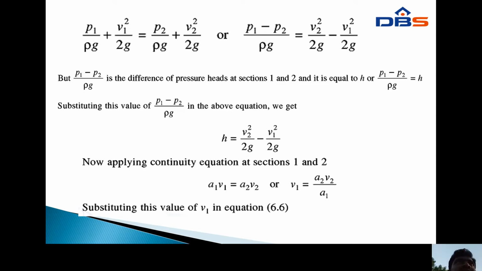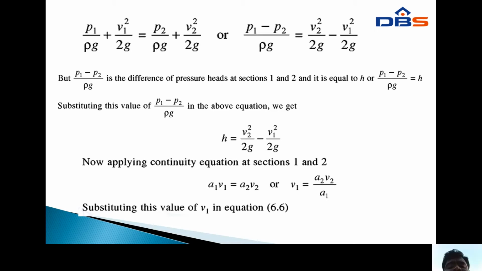The pressure terms are on one side and the velocity terms on the other. Here, P1 minus P2 by rho g is the difference of pressure heads at section 1 and section 2, which is equal to H. Substituting H for P1 minus P2 by rho g, the equation is now H equals V2 square by 2g minus V1 square by 2g.